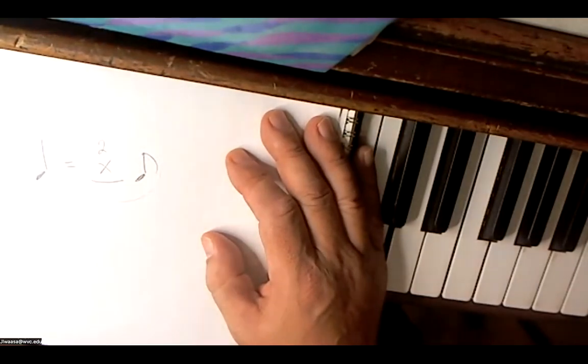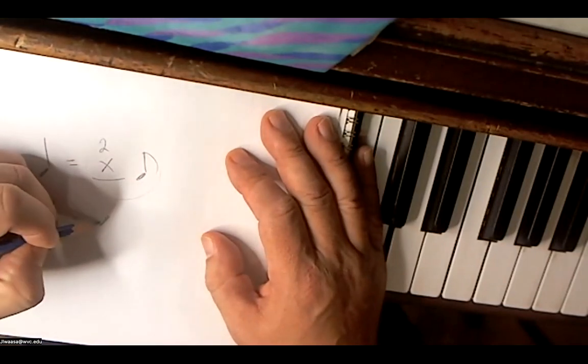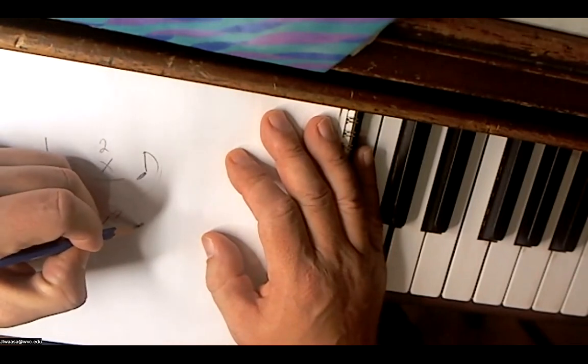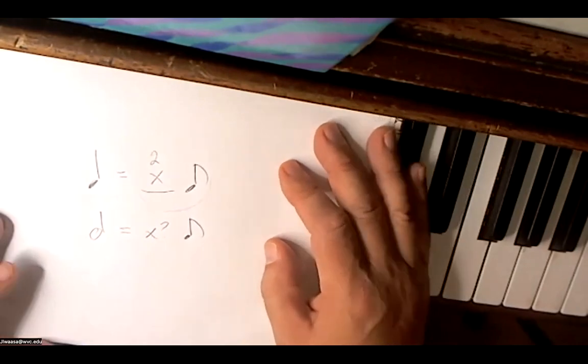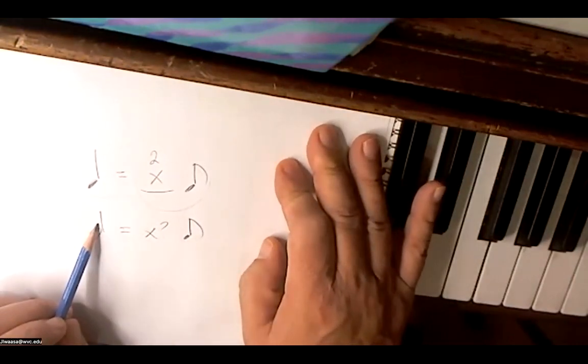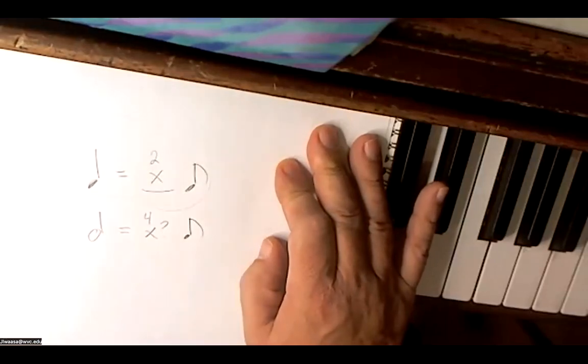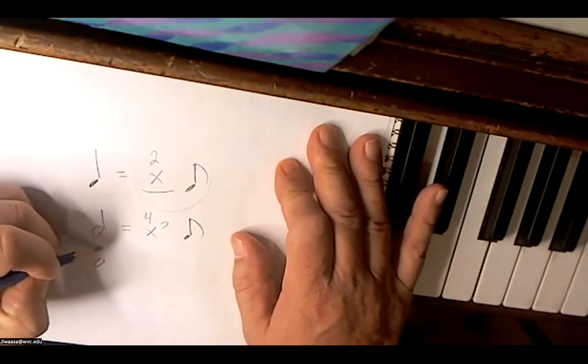So it's two. Yes? But what if I said, what about that equals how many of these? Now the math gets a little bit more difficult. Two of these equals a beat and two of these equals that. So 4. Yes? Now, what about this?